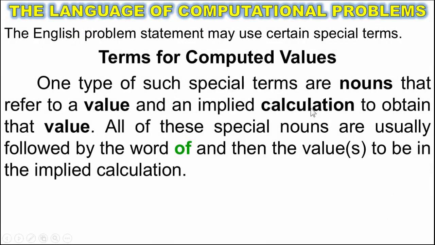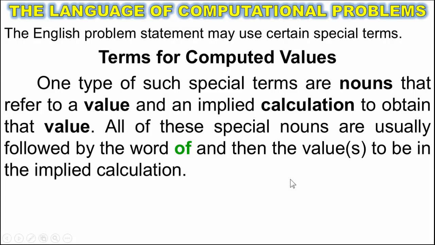The English problem statement may use certain special terms. Terms for computed values. One type of such special terms are nouns that refer to a value and an implied calculation to obtain that value.